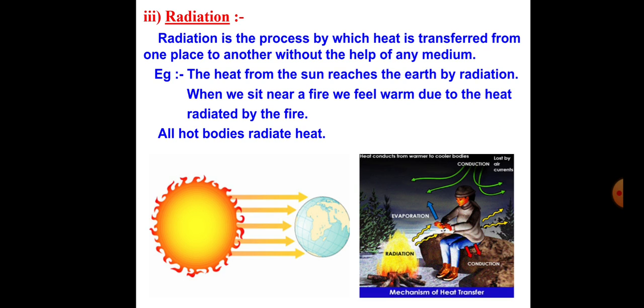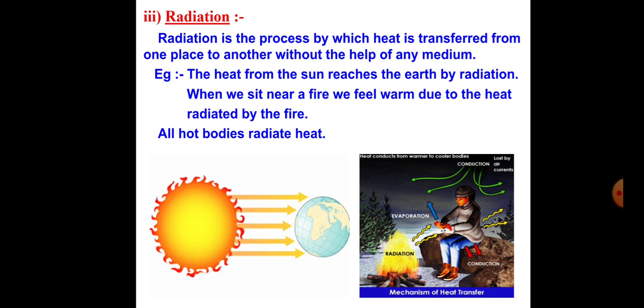Now the third one is radiation. Radiation is the process in which heat is transferred from one place to another without any help of a medium. यानी in the process of radiation, a medium is not necessary.